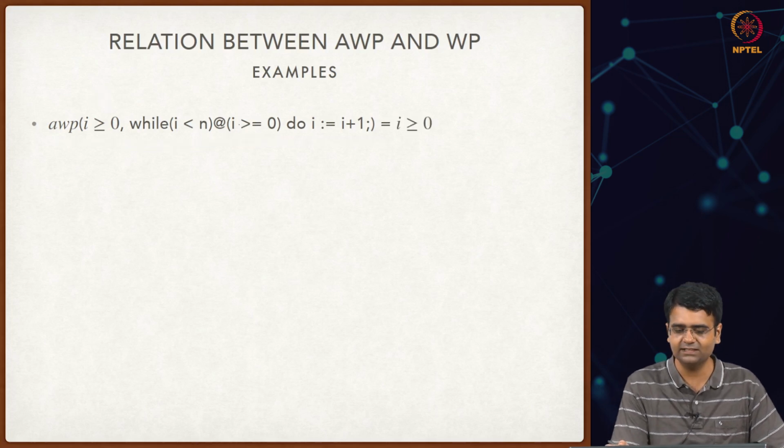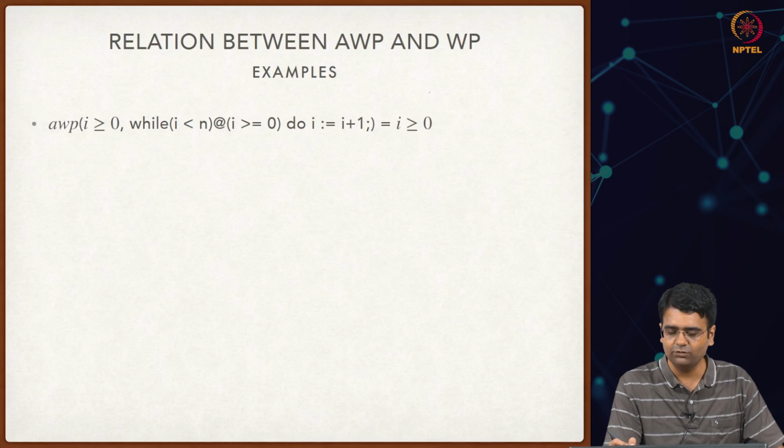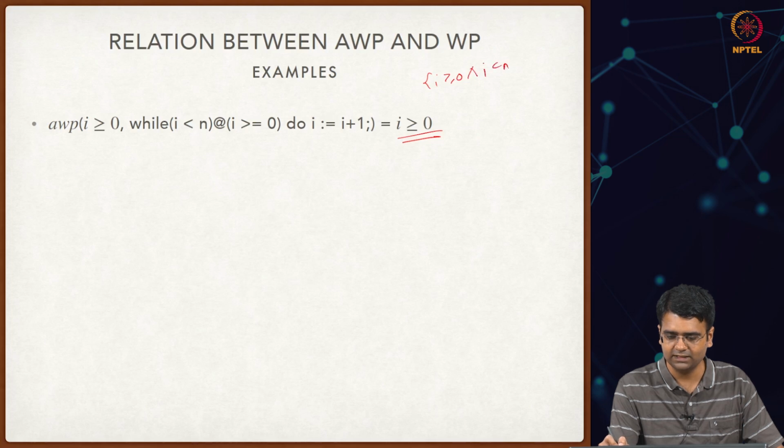So it's just i >= 0, and of course you can also show that the side conditions also hold. The side conditions here mean that if you have i >= 0 and i < n, and if you execute the body of the loop, which is i = i + 1, you should be able to show that i >= 0.